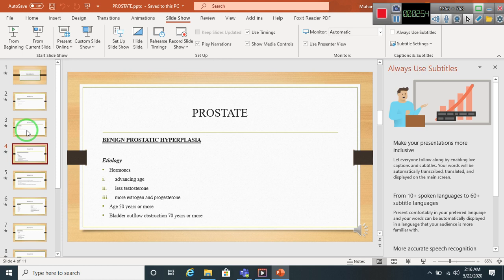This usually occurs in the age group of 50 years or above. With it, bladder outflow obstruction occurs as the gland and the cells increase in size, they obstruct the bladder outflow and develop urinary retention.